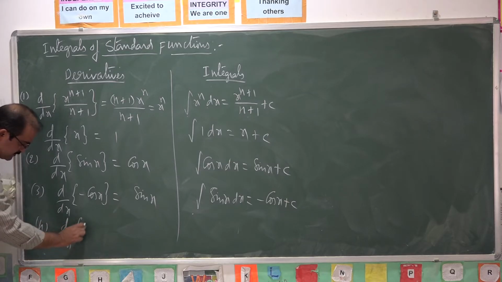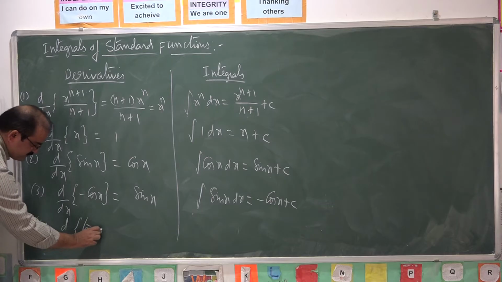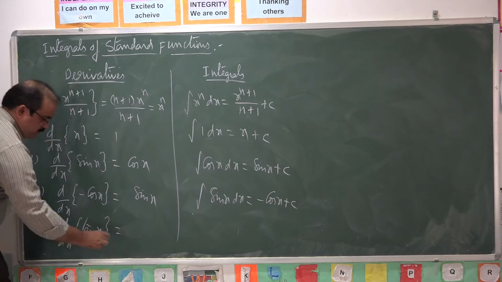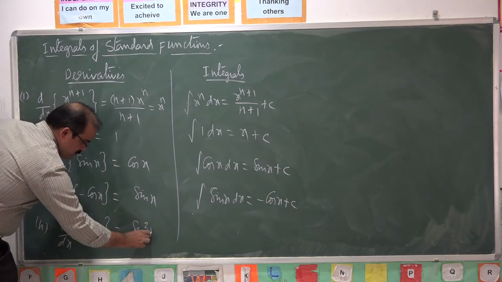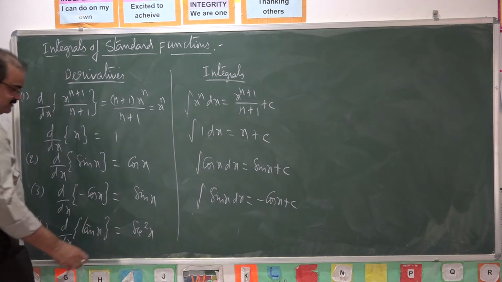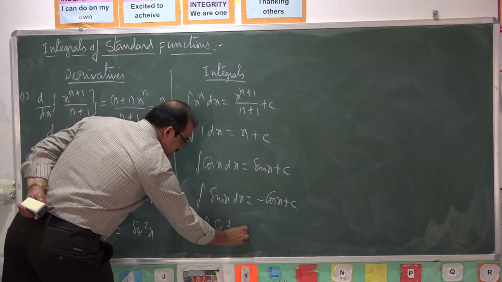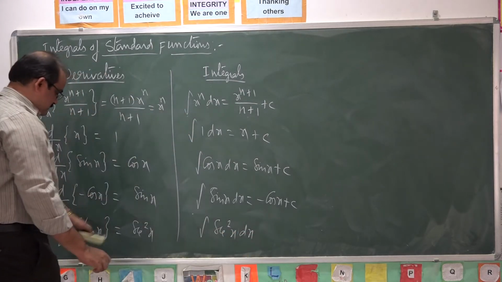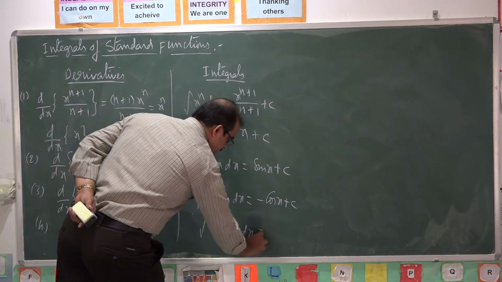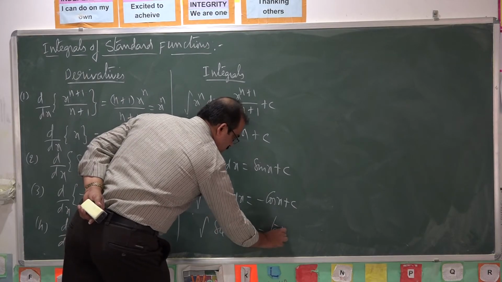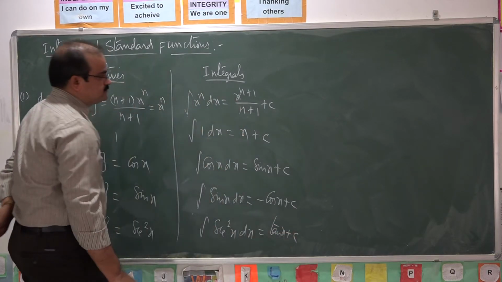d by dx of tan x, that is secant square x. So integral of secant square x dx is tan x plus c.